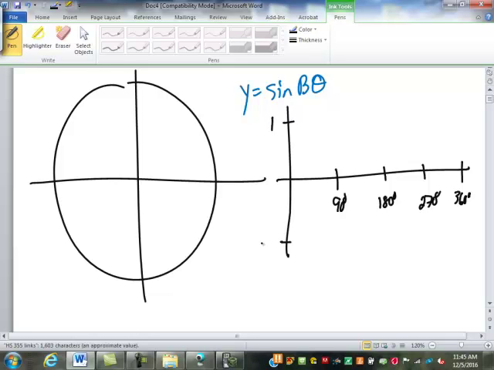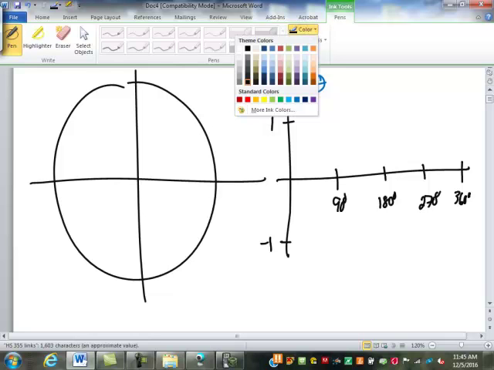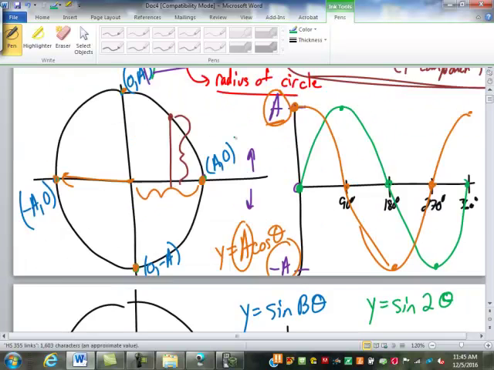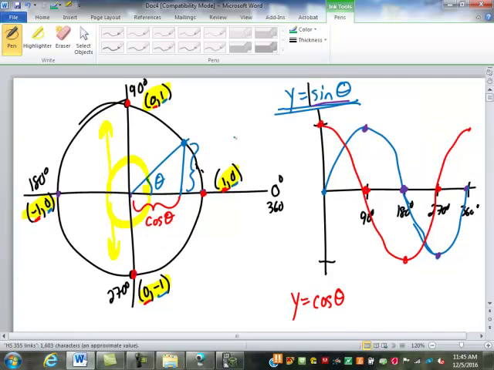This will be 1 and negative 1, because I haven't multiplied in front of the sine at all. This one's probably easier to figure out if I just put a number in there. So let's say it's y equals sine of 2 theta. Now remember, up here, 360 degrees was one whole cycle, because it was just theta.